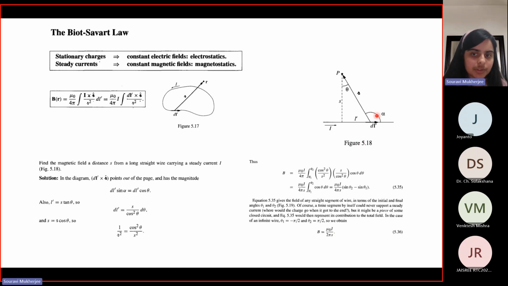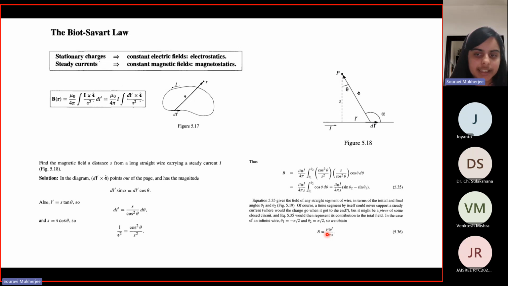If you have a finite wire, you have to consider the angle that the ends of your wire make at the field point, and similarly you can find the expression for the magnetic field. In the assignments that I had checked, there were very simple questions which made use of this formula.